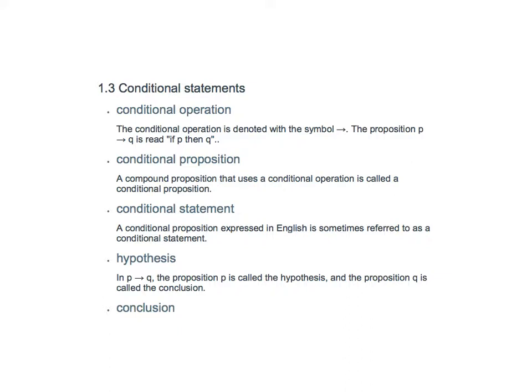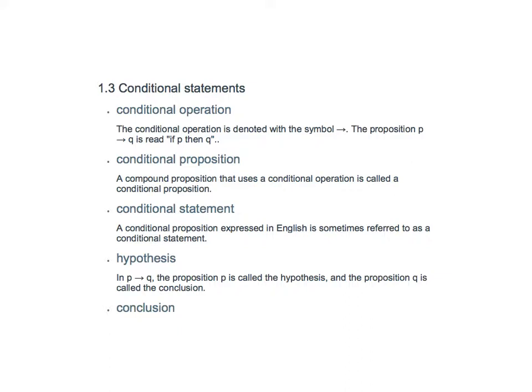So far we have seen conjunction and disjunction, so this is a new operation which is called the conditional operation. The conditional operation is denoted with this symbol, an arrow to the right.